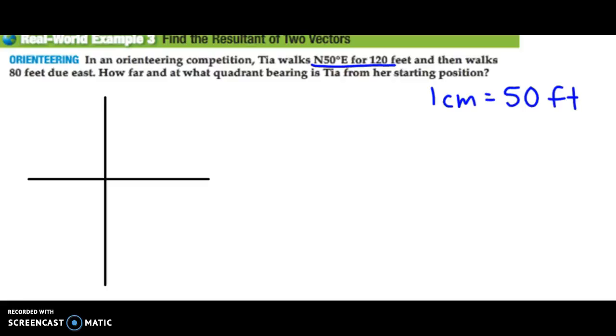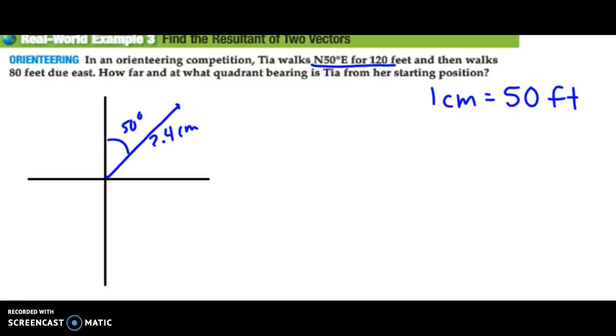So 50 degrees and 120 feet, well, let's see, 120 feet divided by 50 feet, that ends up being 2.4 centimeters. So I'm going to draw my blue line, 2.4 centimeters, okay? This is 50 degrees, okay? Right? And this is 2.4 centimeters. All right? So that's Tia starting to walk right away.